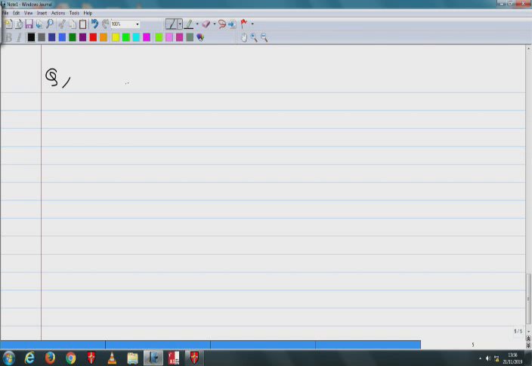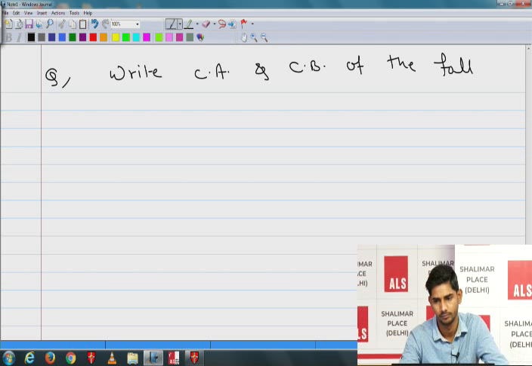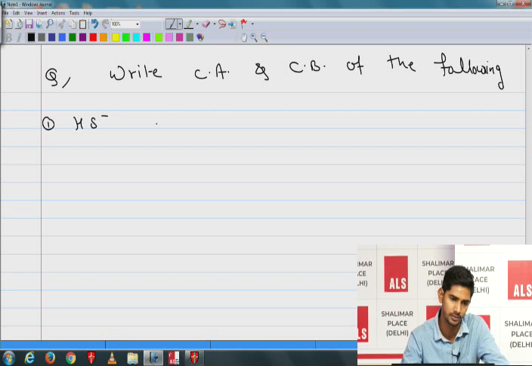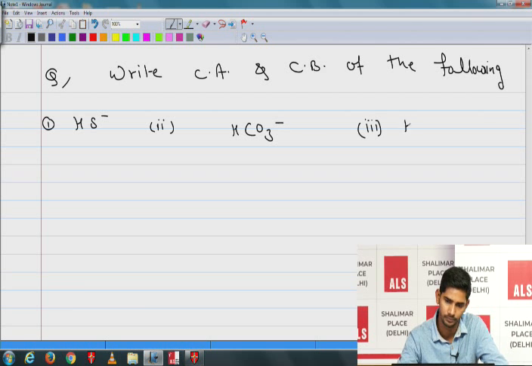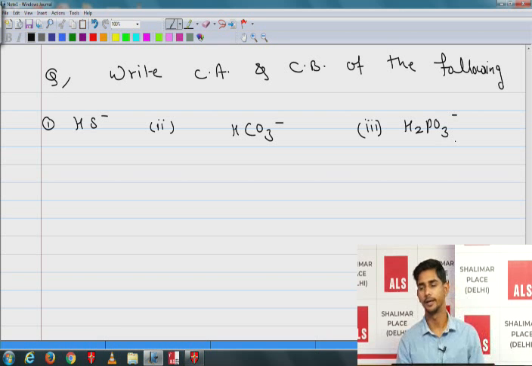Question is, write conjugate acid and conjugate base of the following. First is HS minus, second is HCO3 minus, and third H2PO3 minus. Attempt.